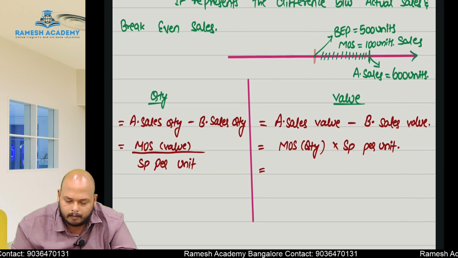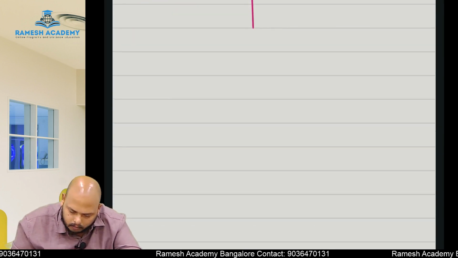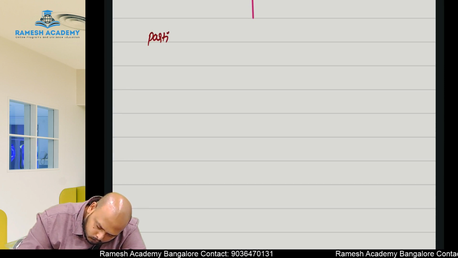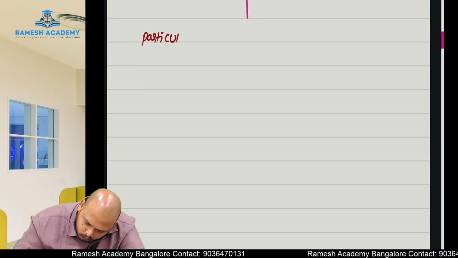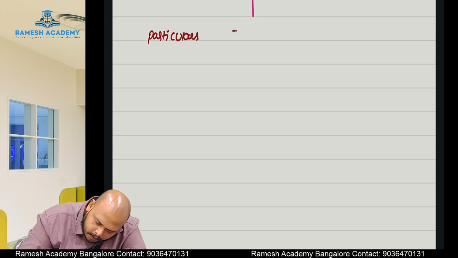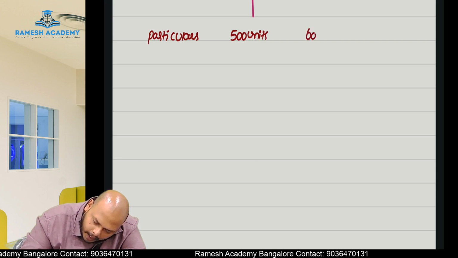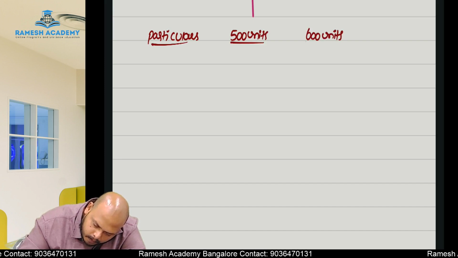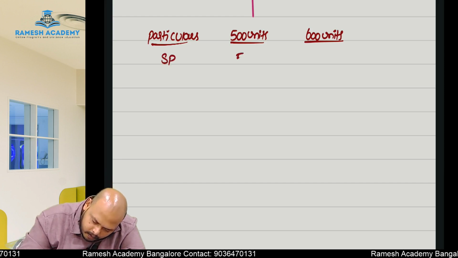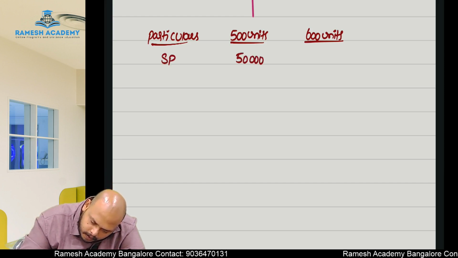Next, another formula we can write for margin of safety. Let us calculate first. In the given question, the break-even point is 500 units, actual sales is 600 units. Let us see how much profit there will be. Selling price: 50,000 and 60,000.